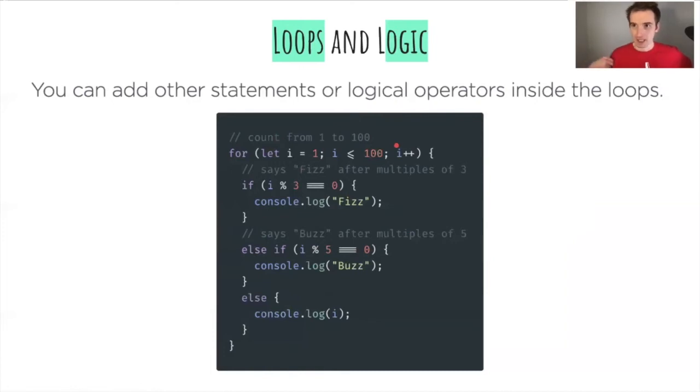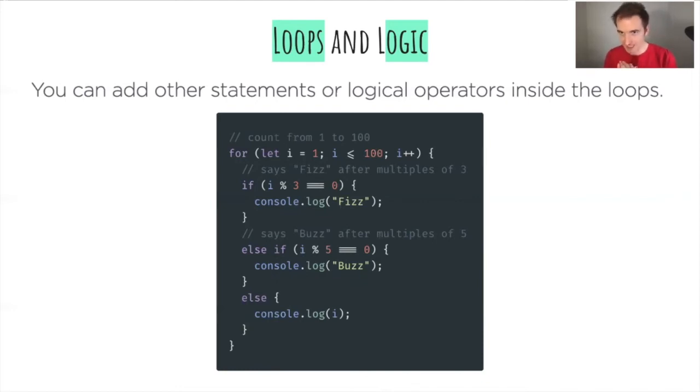And if the number that you're saying is a multiple of 3, you say fizz. If the number that you're working on is a multiple of 5, then you say buzz. And if it's a number that you're working on that is both a multiple of 3 and 5, then you say fizzbuzz.